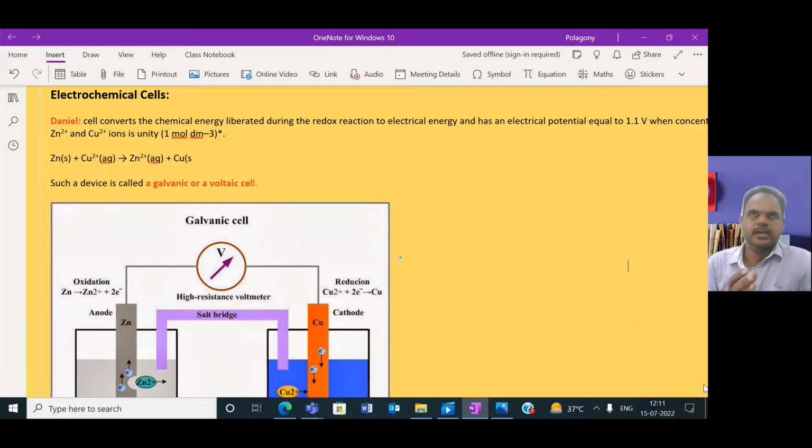The Daniel cell is a galvanic cell in which the chemical energy liberated during the spontaneous redox reaction is converted into electrical energy. Its electrical potential is equal to 1.1 V when the concentration of zinc and cupric ions is equal to 1 mole per dm³.